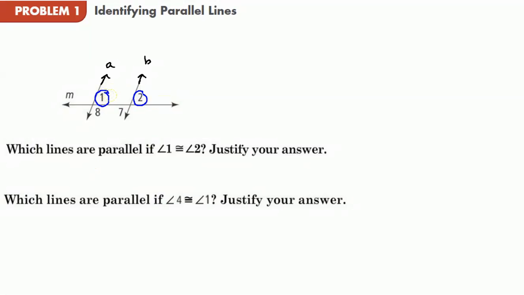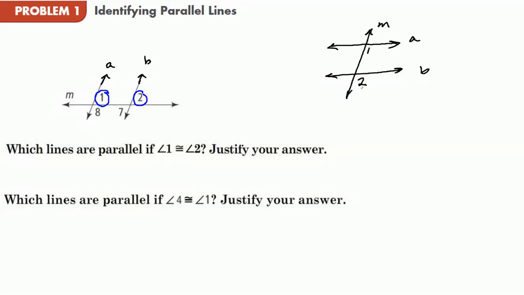Now, if we look at angles 1 and 2, those angles are corresponding angles. If that's a little confusing to you, you can view it this way. You have two lines like this, and then the third one coming by. So this would be M. This is your A and B, and this is angle 1 and angle 2.